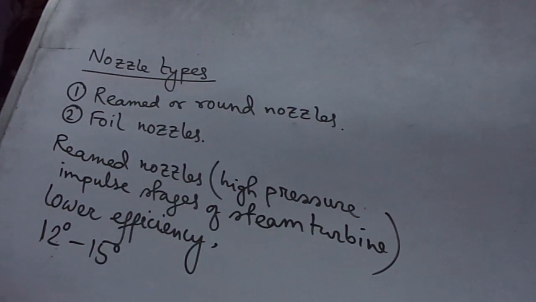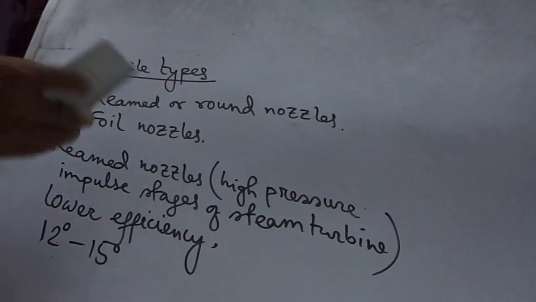The foil nozzle. The foil nozzles are formed by curved airfoil section. The nozzle is short with well-rounded entrance edge and sharp exit edges.